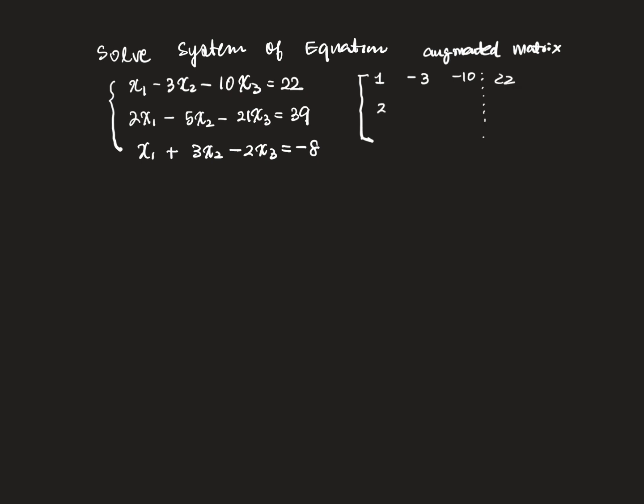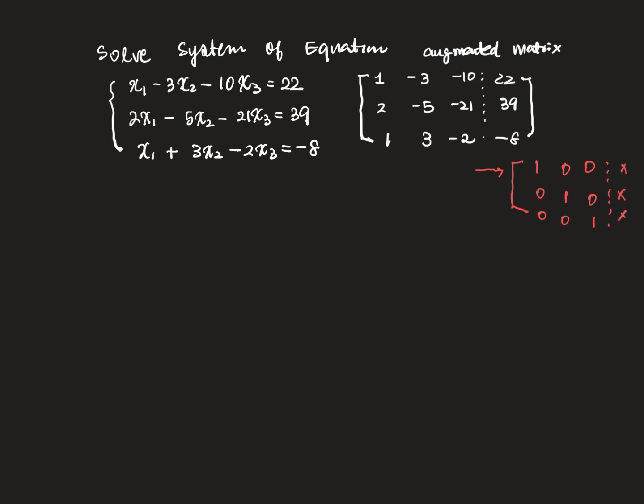Second row, 2, -5, -21, 39. Third row, 1, 3, -2, -8. After all the row operations, the final form we're looking for is 1, 0, 0, 0, 1, 0, 0, 0, 1. That's what we are looking for.